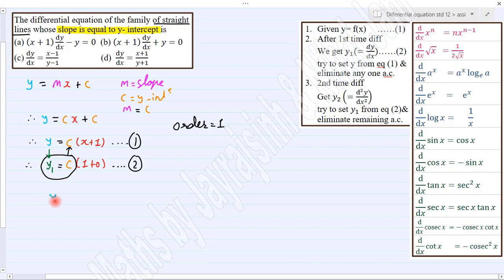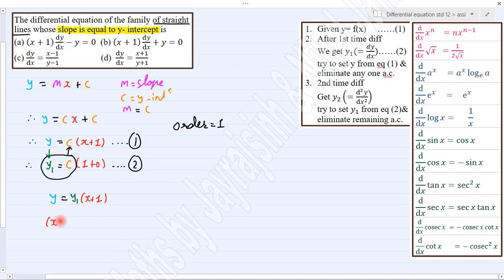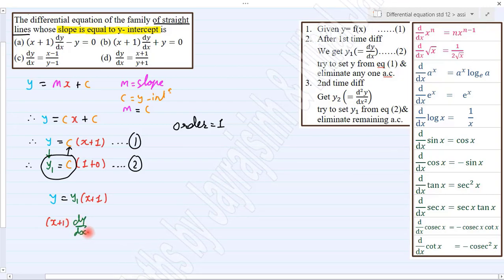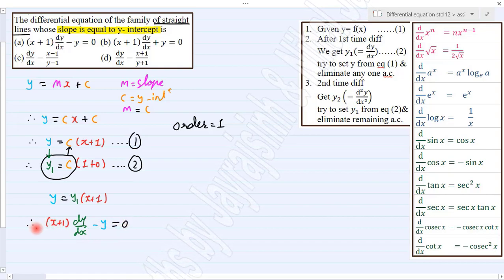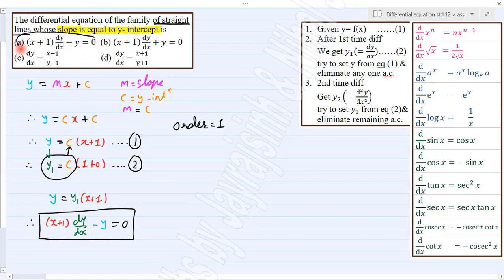So we will get y is equal to y1 into (x plus 1), or we can say (x plus 1) into y1, which is dy by dx, minus y is equal to 0, is your required differential equation, which is given in option A. Tada!